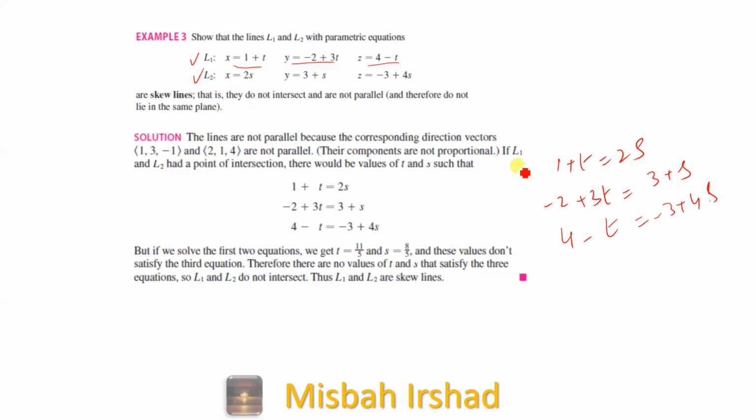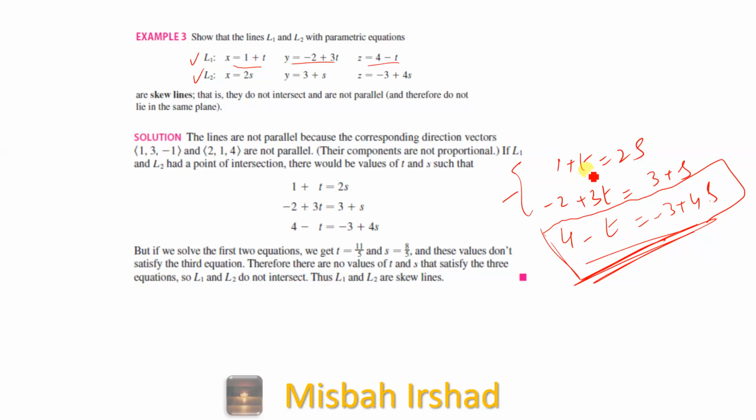Let's solve the first two equations to find values of t and s, and check whether those values satisfy the third equation. Then the lines intersect, and if those values of s and t do not satisfy this third equation, then the lines do not intersect.